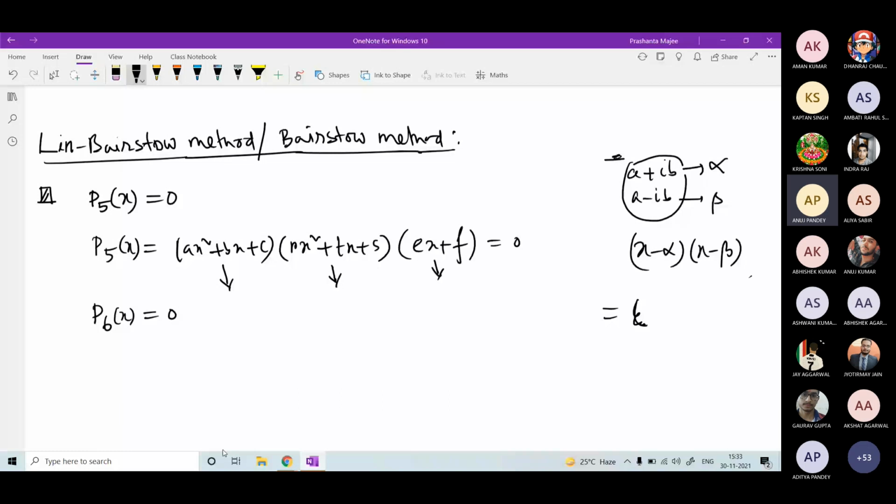So x minus alpha will be x minus a minus ib, into x minus beta, so x minus a plus ib. Multiply this and see what you are getting. Are you getting a quadratic polynomial with real coefficients?